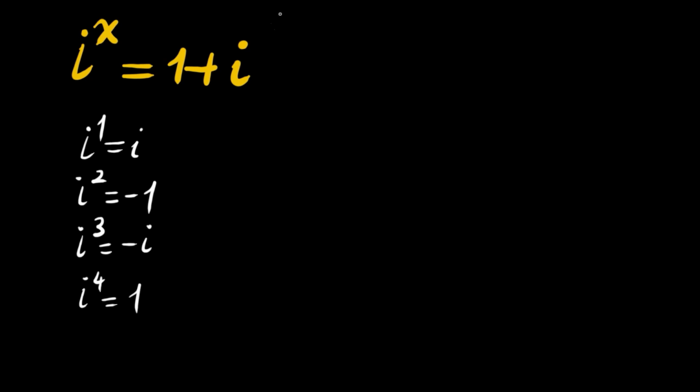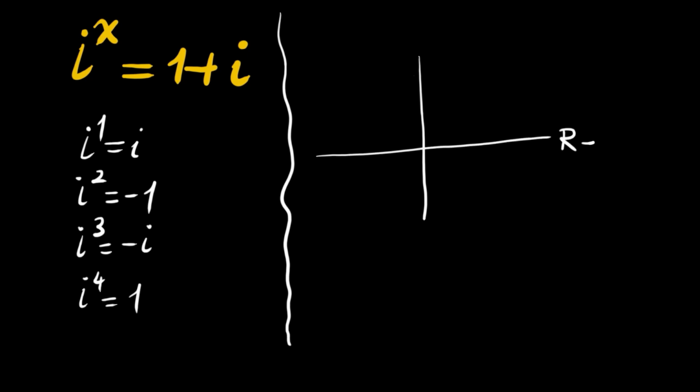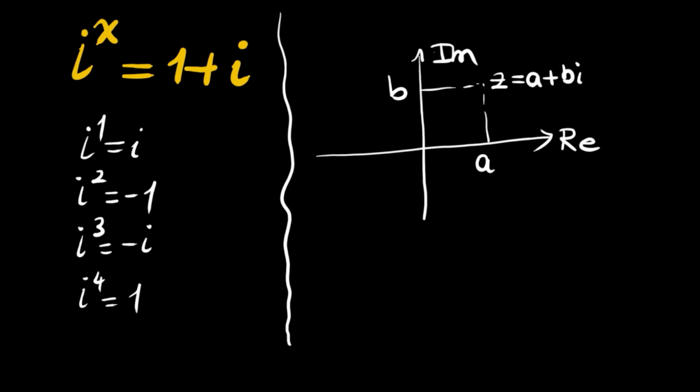To solve this equation, we will need the polar coordinates and Euler's notation. Let me talk shortly about that. We have the complex plane, real and imaginary axes here. And we have a complex number, say z is equal to a plus bi. Then the real part is a and the imaginary part is b. So we have this line adjoining the origin and our complex number, and we have this angle theta here.